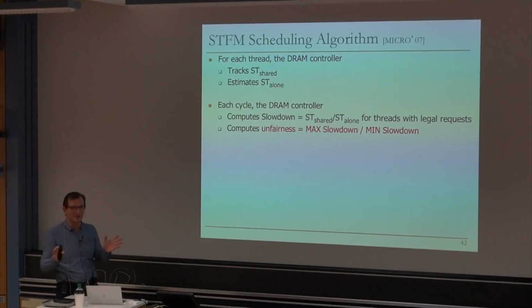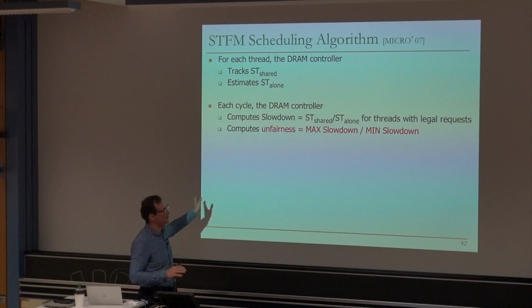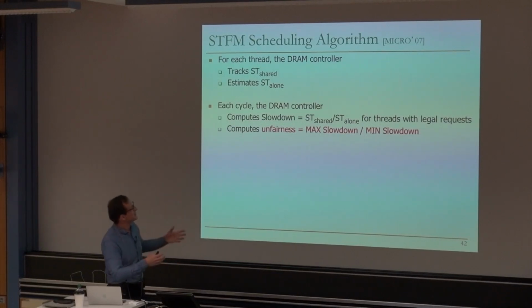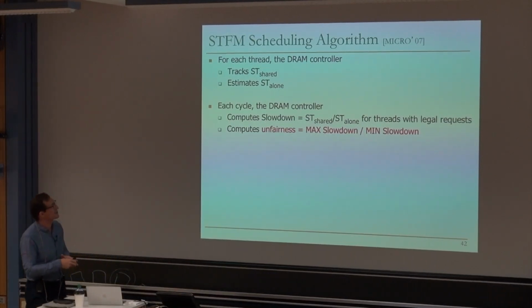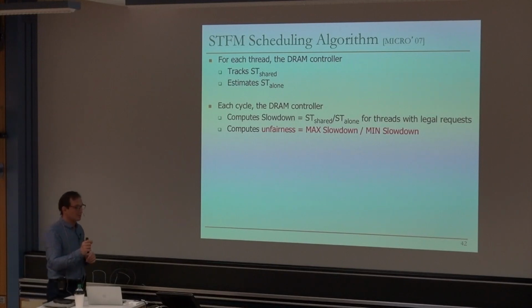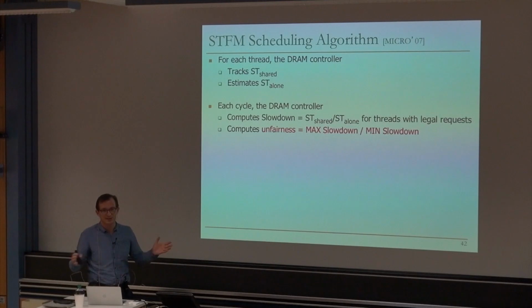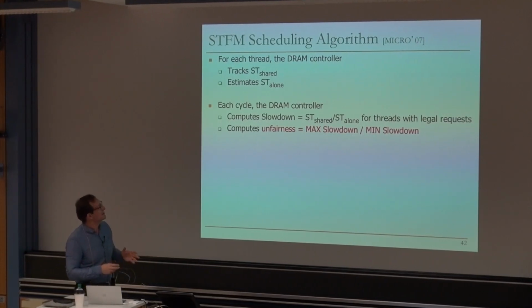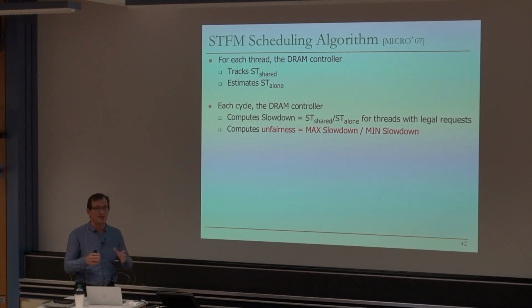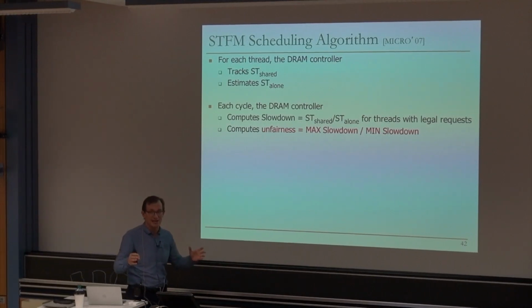So it's not easy to do it in the memory controller. And the approach in this paper is actually relatively complex. Basically, the approach that's taken in this paper is, you know the stall time shared of the thread because you can compute it while the thread is running. Some of that is because of additional excess stall time that's caused by other threads' requests interfering with this thread.